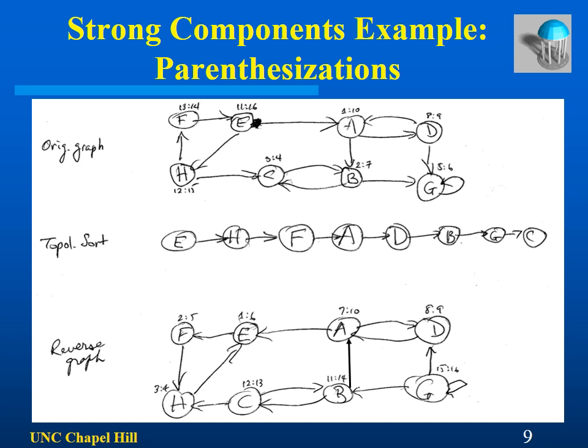And that parenthesization is not part of the parenthesization from 7 to 10, in which A contains D. And neither of those parenthesizations are within the BC one, that has C's 12, 13 within B's 11, 14. And then G's parenthesized by itself as 15 to 16.